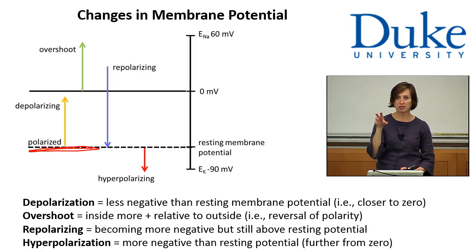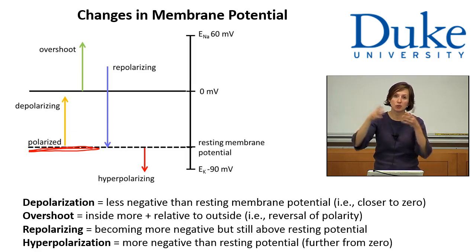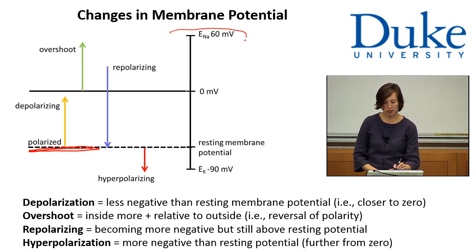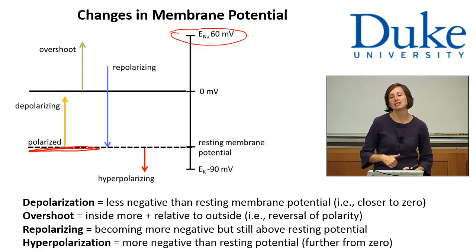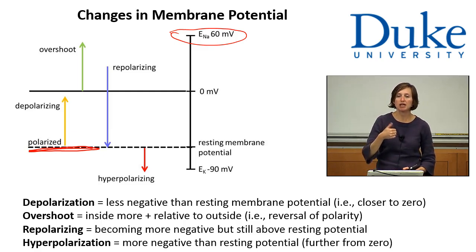So at rest, a cell is called polarized. If, for instance, we open sodium channels so that sodium's going to rush in and our membrane potential is going to increase and head towards the equilibrium potential for sodium, then we say that the cell is depolarizing. It's becoming less polarized. The membrane potential is less negative.